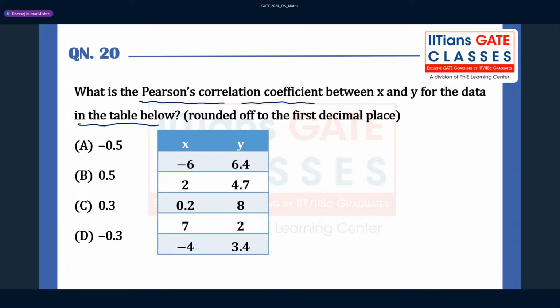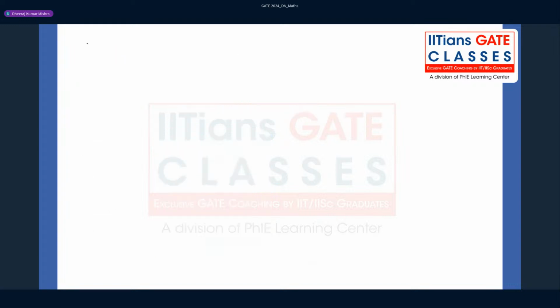They have given x, y observations: -6 to 0.27, -4 6.4, 4.7 8 2 and 3.4. So I will show you the formula, and the rest is algebra, which I will leave to you.